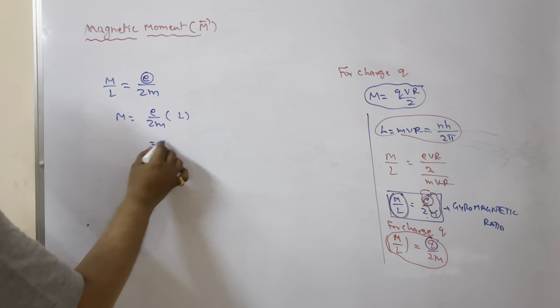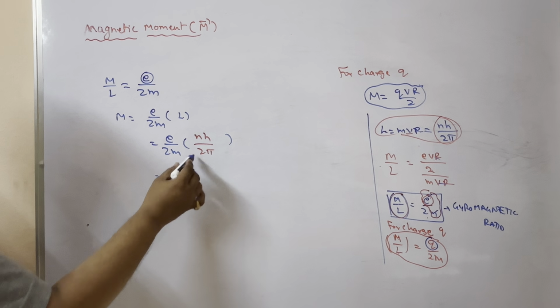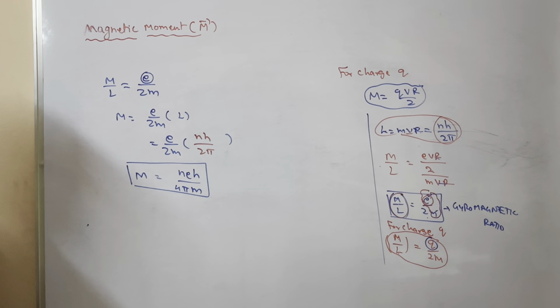In place of mvr we use nh by 2 pi. So this is going to be neh by 4 pi m. This is the magnetic moment of the revolving electron.